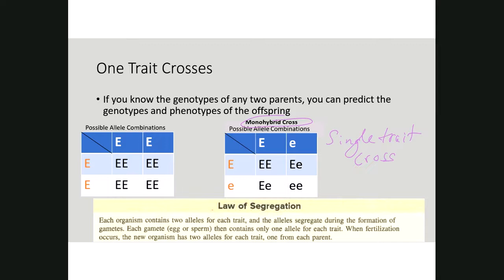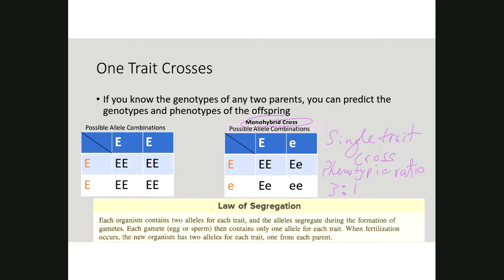Monohybrid cross. And the phenotypic ratio, that is, the ratio of dominant versus recessive phenotypes, for monohybrid crosses is always 3:1.